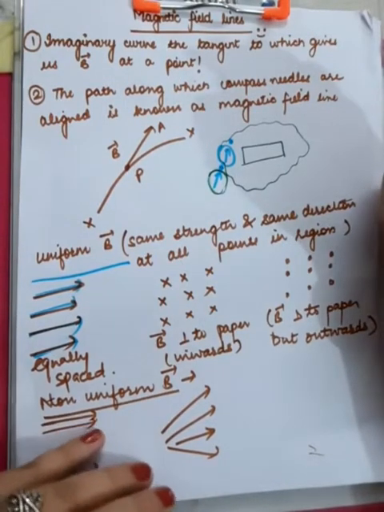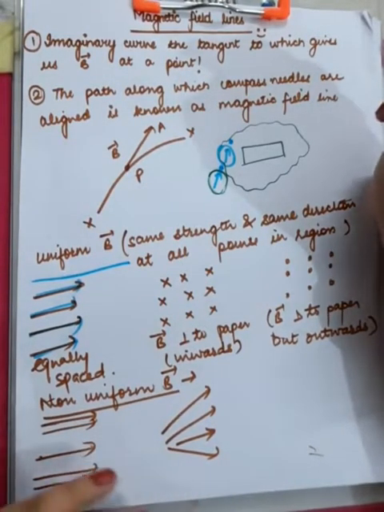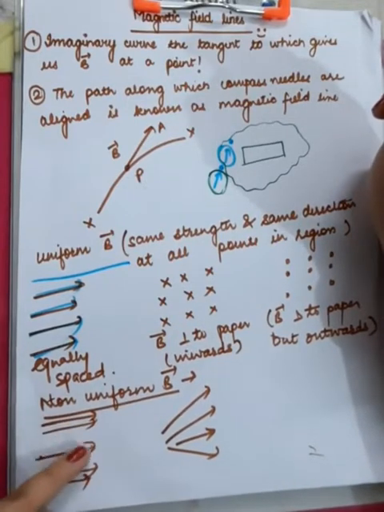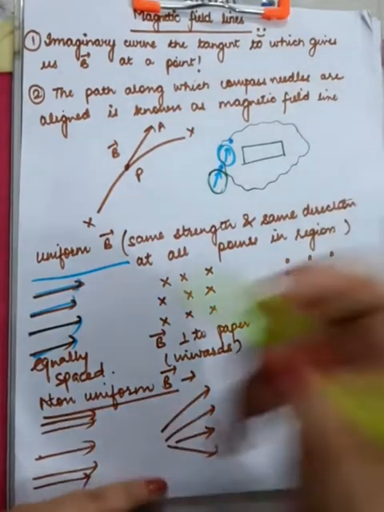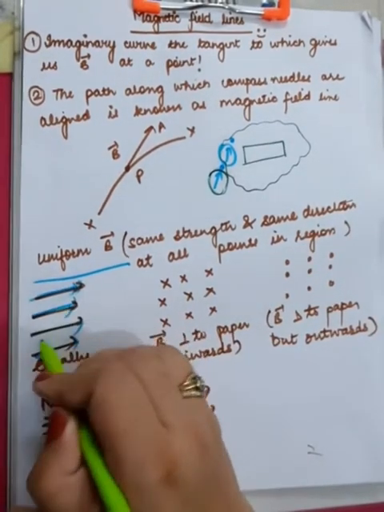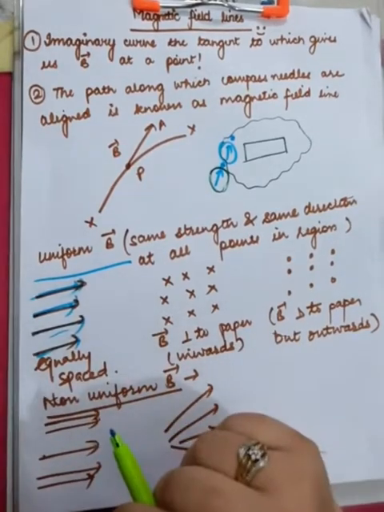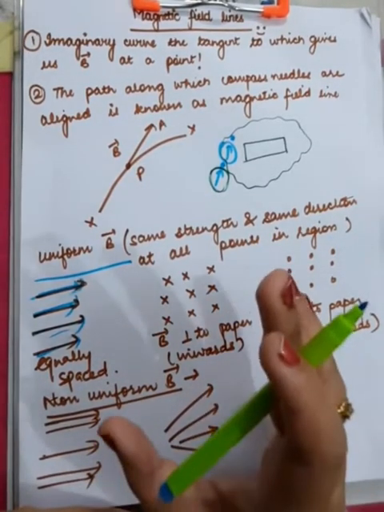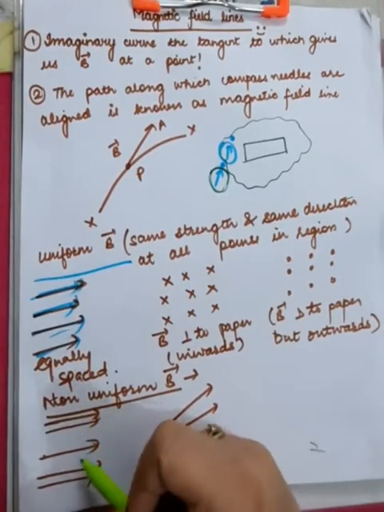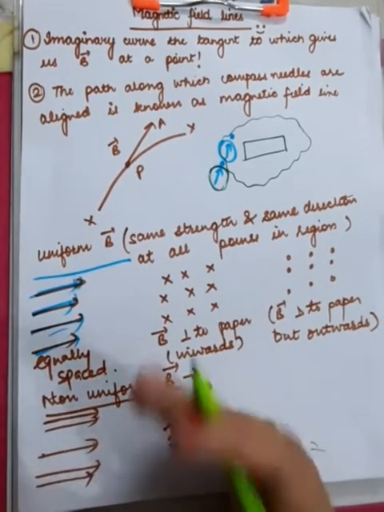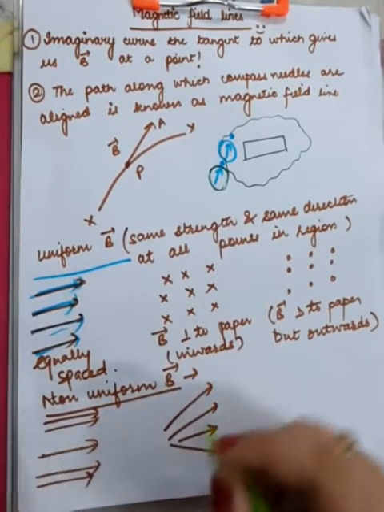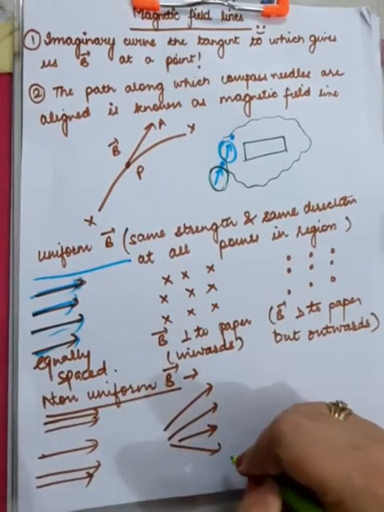So we represent a non-uniform magnetic field by drawing unequally spaced lines. Like, these lines were equally spaced when we wanted to represent a uniform magnetic field. But in a non-uniform magnetic field, the lines are not equally spaced. Remember that. And then you have these lines also.